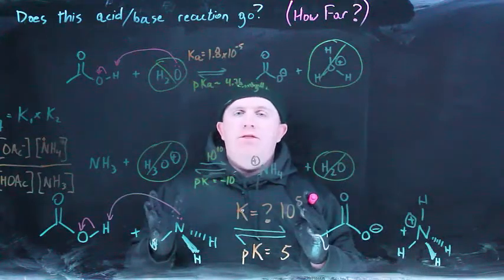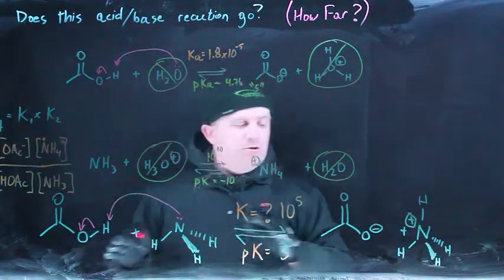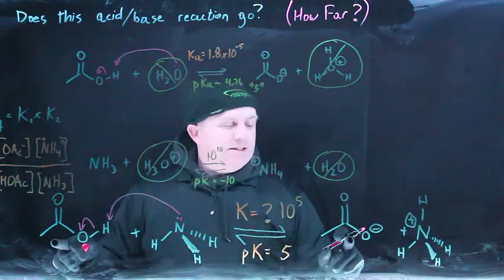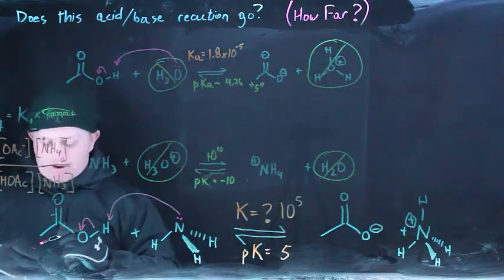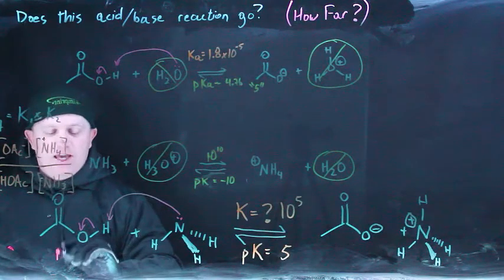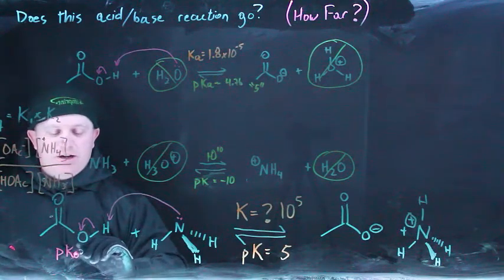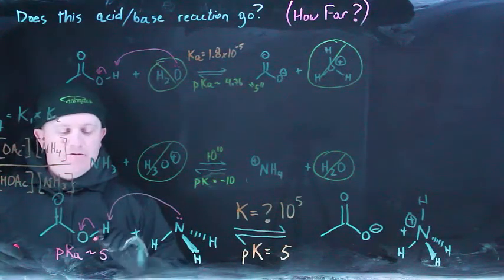Now, how do I want you to think about this? Well, what I want you to be able to do is to recognize that between acetic acid and acetate, there is a relationship that I want you to simply memorize and remember, and that is that the pKa for acetic acid becoming acetate is on the order of 5.